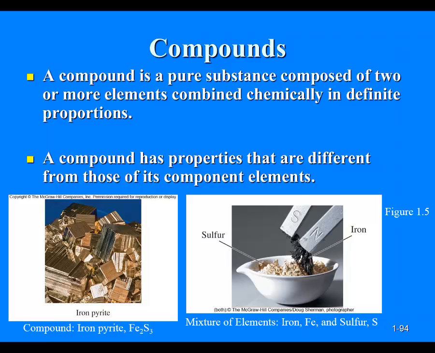For example, if I have the elements of iron and sulfur that have combined, I could have iron pyrite, which is also known as iron 3 sulfide. In this case, where we have our definite proportions, we have 2 iron cations and 3 sulfide anions. So we have that very definite proportions of 2 irons for every 3 sulfurs present in the formula.